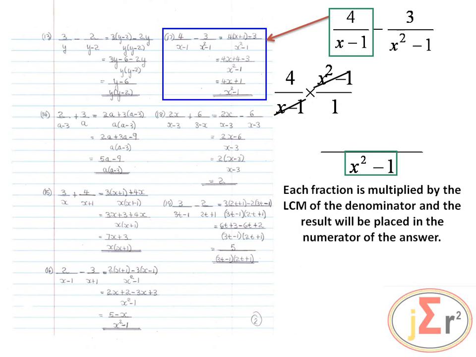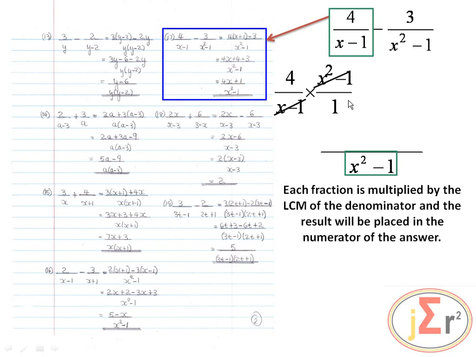Well, if we are dividing x minus 1 into x squared minus 1, we may make use of some knowledge that we have already, that x squared minus 1 is the product of x minus 1 and x plus 1. Therefore, when we divide this into x squared minus 1, x minus 1 will cancel x minus 1, and we will have an x plus 1 remaining.